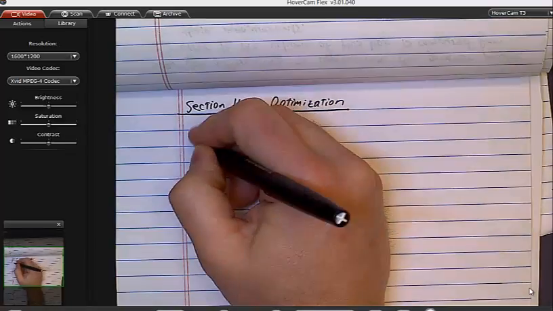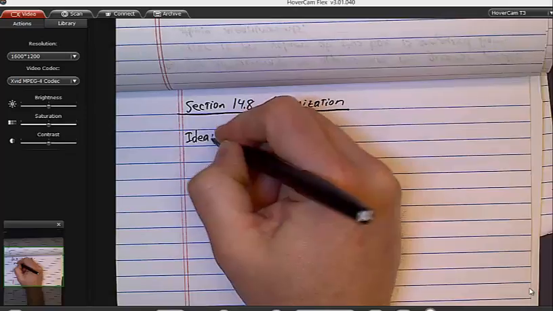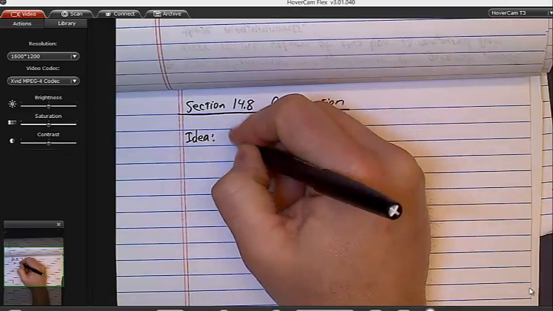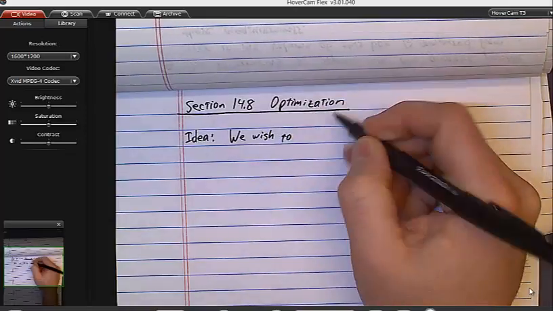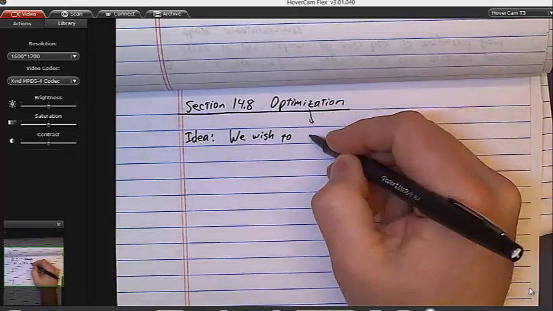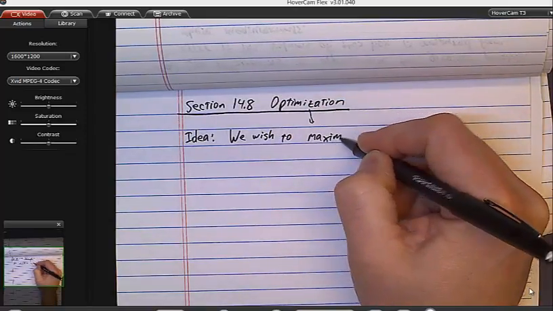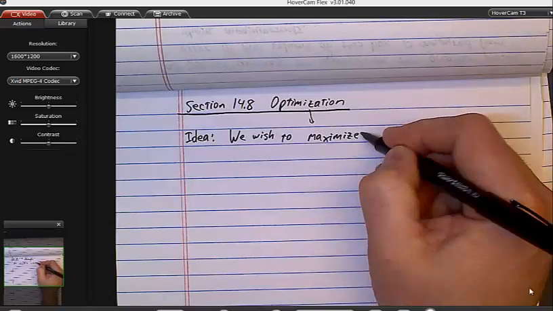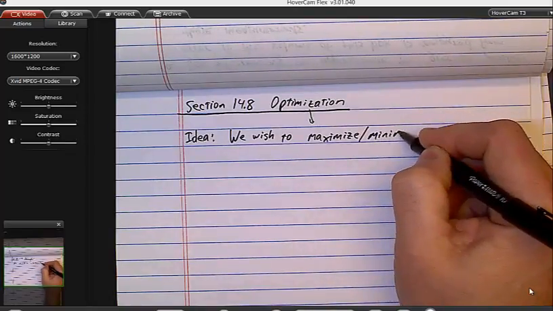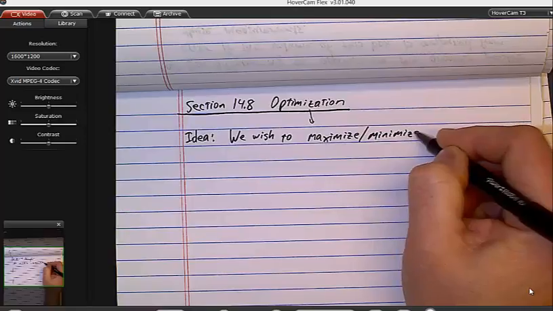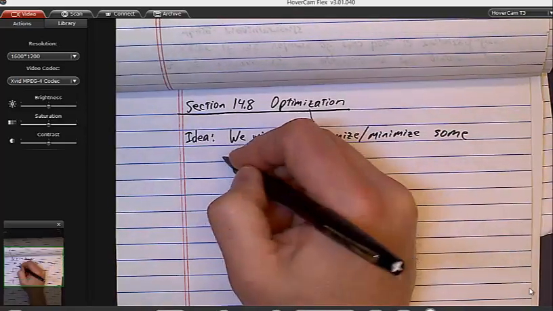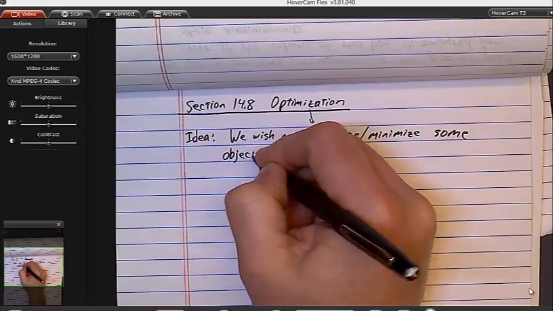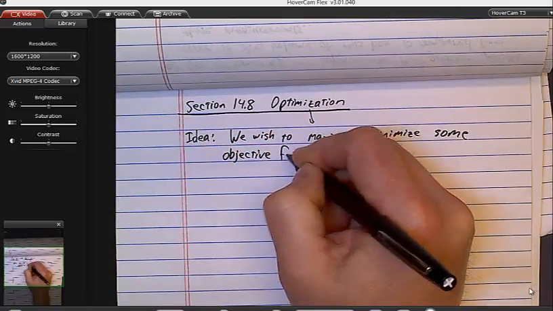The idea is we wish to optimize, right? So that means maximize or minimize some objective function.